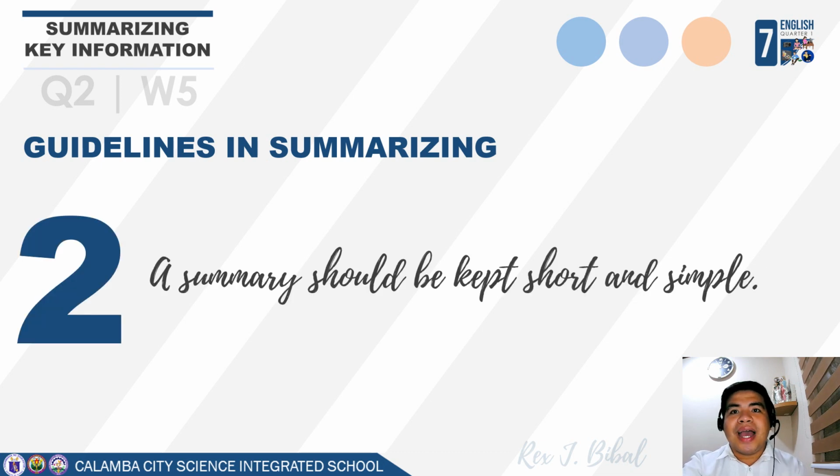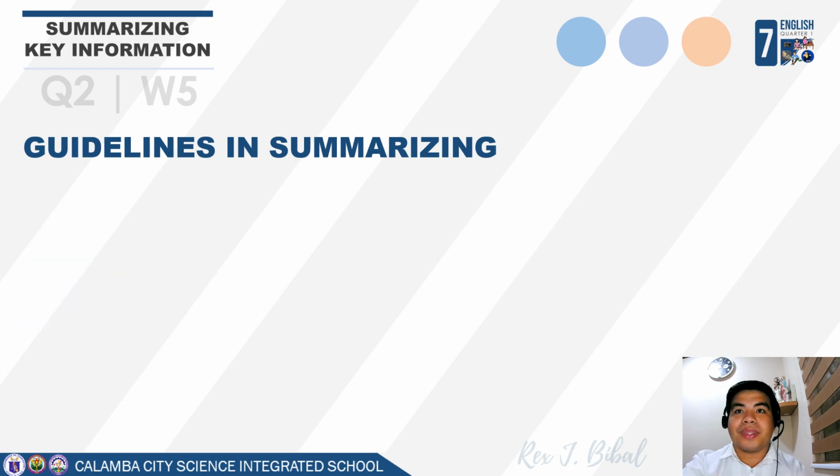Number 2, a summary should be kept short and simple, or KISS. Keep it short. A good summary is usually a lot shorter than the original text. This is because you only cite the central ideas that present the original text in a nutshell.